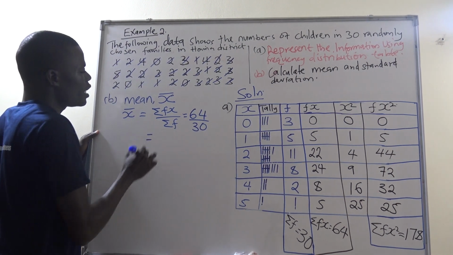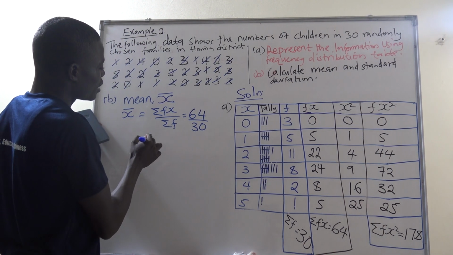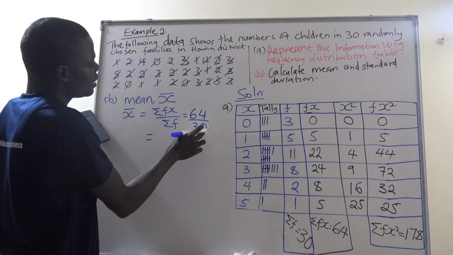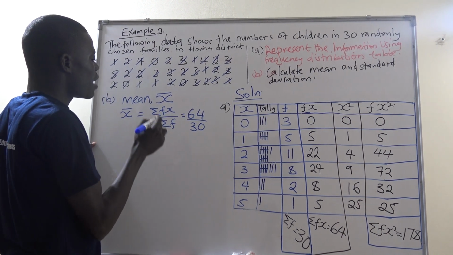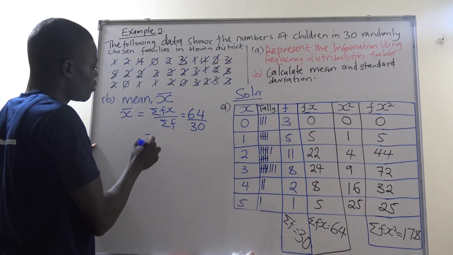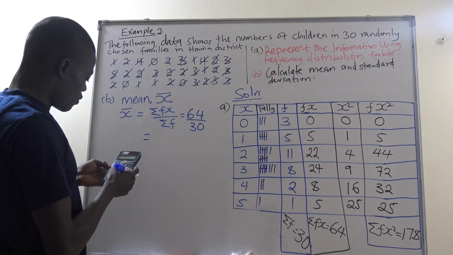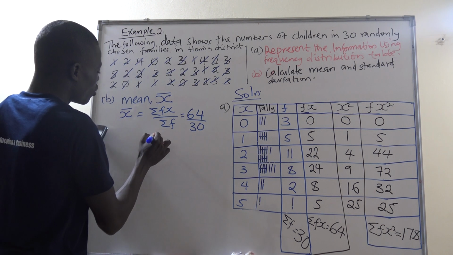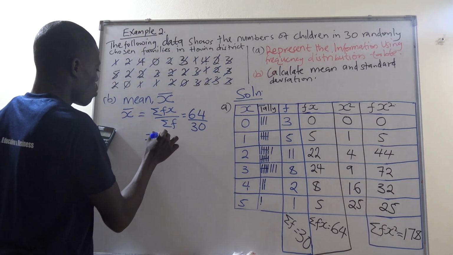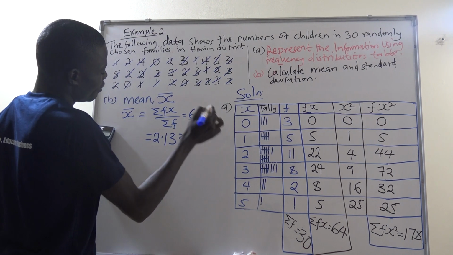So the answer for the mean, you will get what? 64 divided by 30, we get about 2.133 recurring.